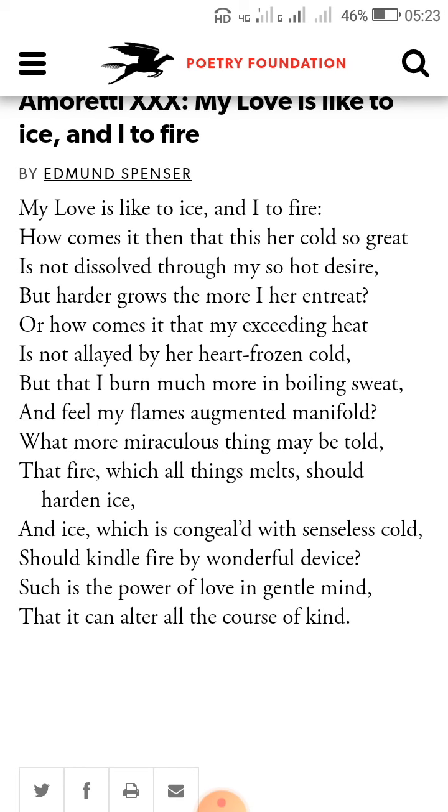He says that my love, my wife, my beloved is like to ice, and I am like to fire. So ice and fire are of different qualities.